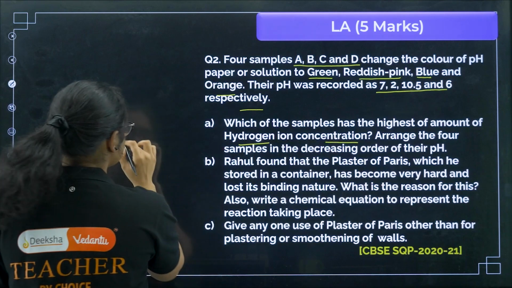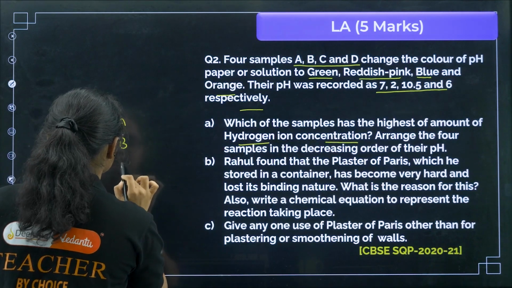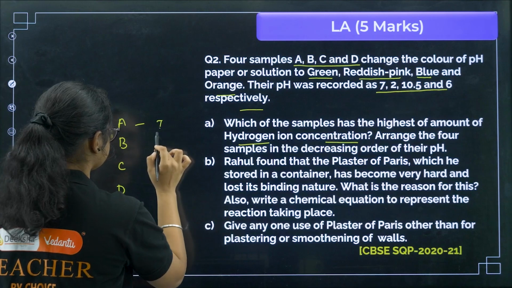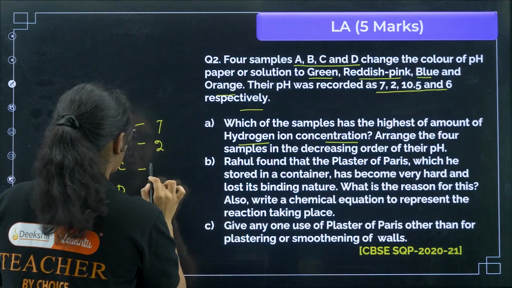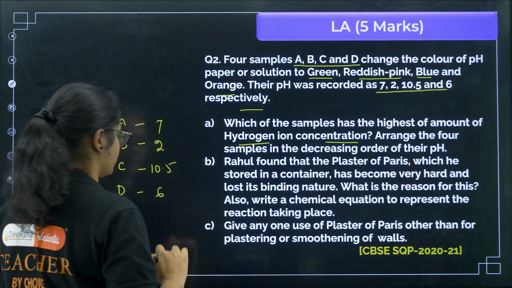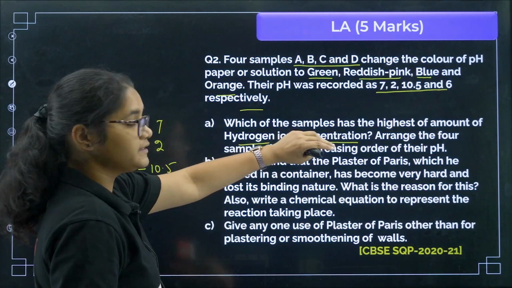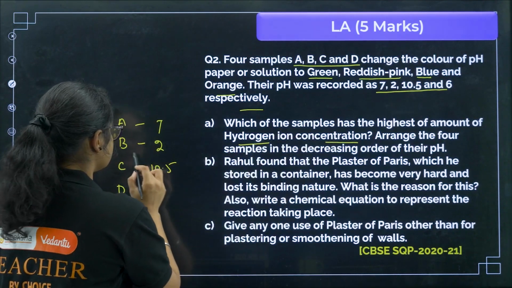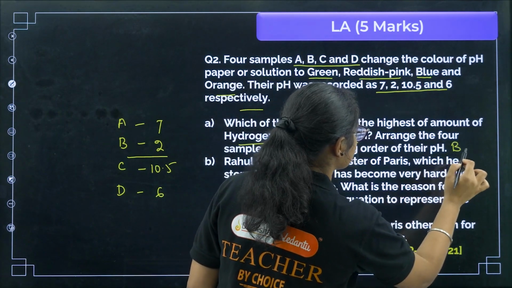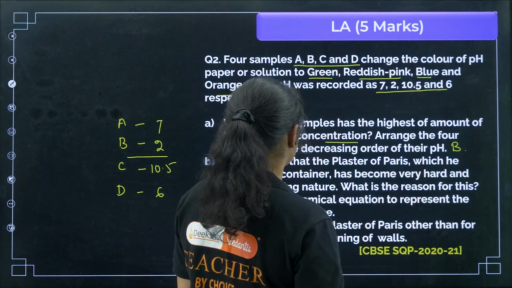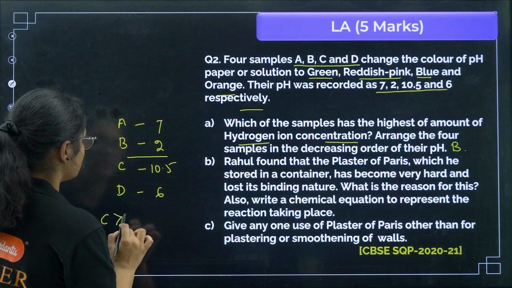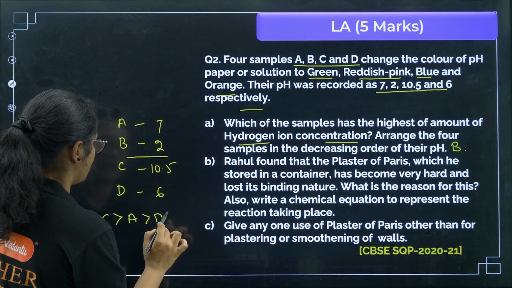So we have A, B, C and D, and their pH values are 7, 2, 10.5 and 6. Hydrogen ion concentration is maximum if the pH is low, right? So that is which solution? That is solution B. Arrange the 4 samples in the decreasing order of their pH. So that will be C, A, then D and then B.